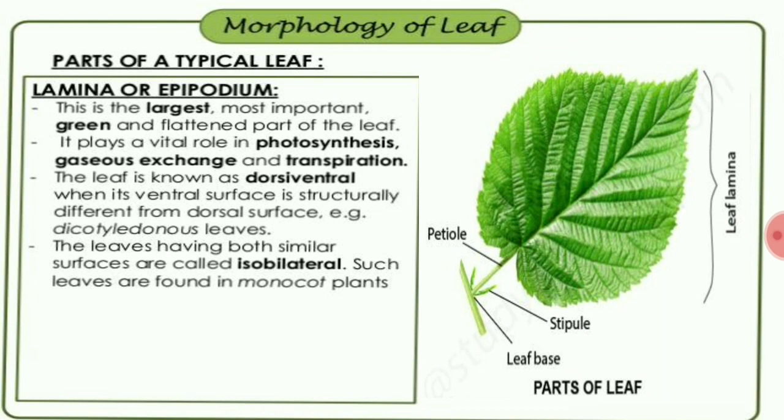A leaf is known as dorsiventral when the ventral surface is structurally different from the dorsal surface. You can see such type of leaf in dicotyledonous plants. In monocots, you can see isobilateral leaves, meaning both surfaces are similar.